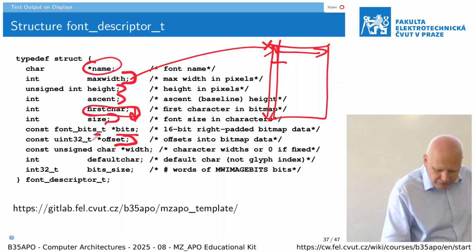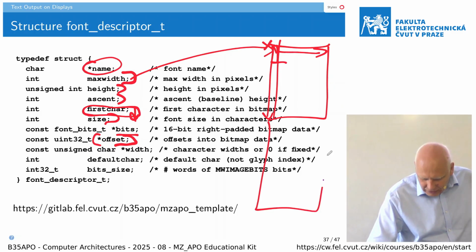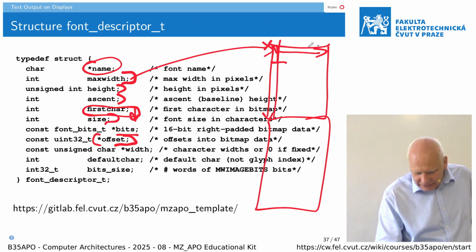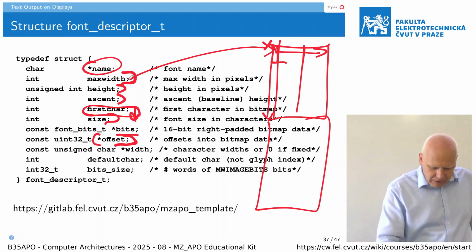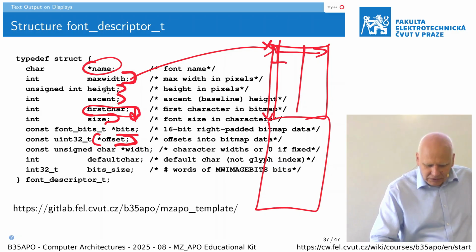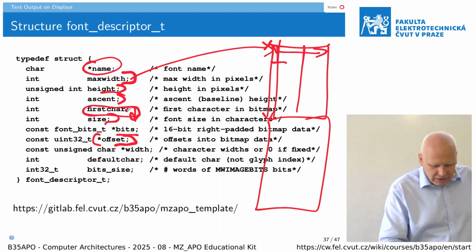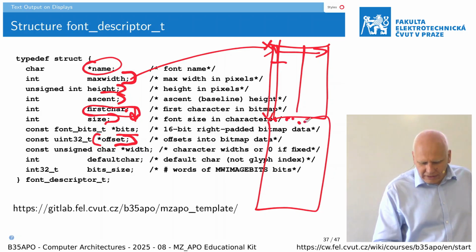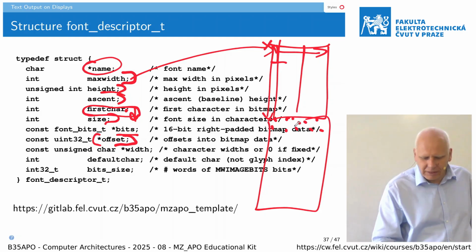But if you do not have this offset table, then in such case, you can find the glyph start by finding how many 16-bit entities are necessary to cover the width of the character, multiplied by the height of the character, and then multiplied by the offset index to the character. And this way you can get to the actual binary data, which informs where you should put a pixel and where should be an empty space.